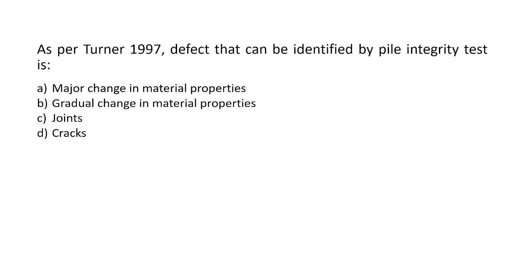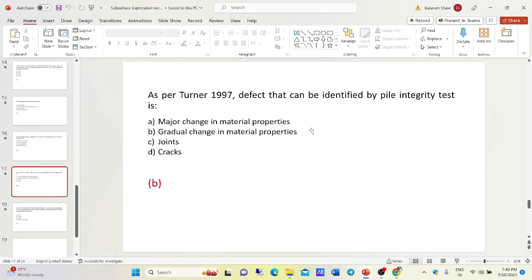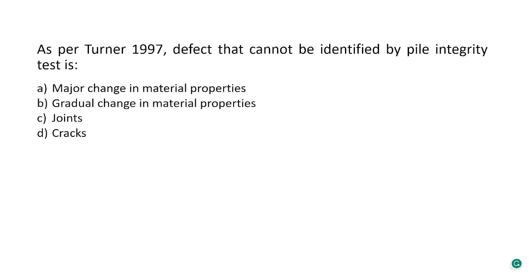Sorry, it should be cannot. So the correct answer will be gradual changes in material properties cannot be detected. So the question should be cannot be identified. Sorry for that question mistake. So the correct answer will be B.